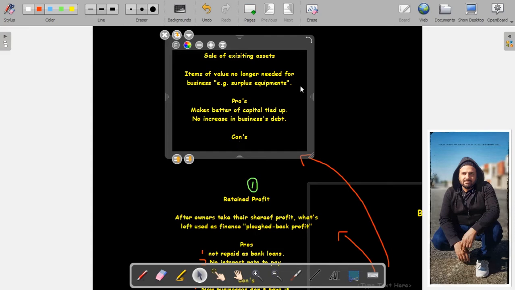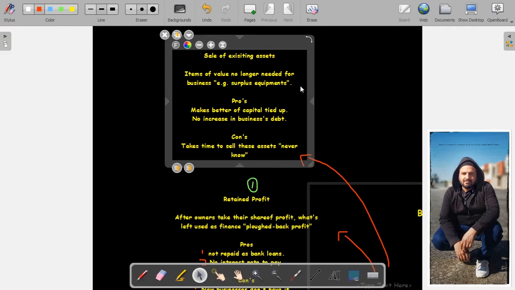So the disadvantages are mentioned here. It takes time to sell these assets. We never know when.